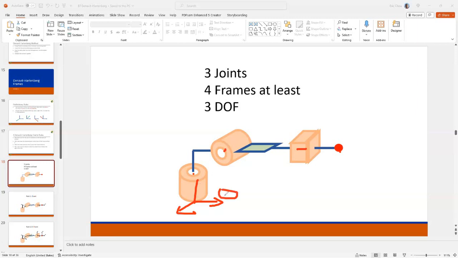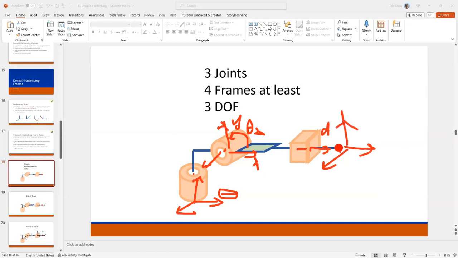There's a theta 1 that you rotate in this frame, with a Z direction here and X and Y here. This is the second rotator with a theta 2. Third, you have an extender that has a D displacement over here. And then finally, your observation frame on the end effector.